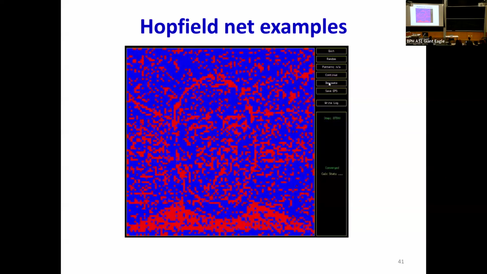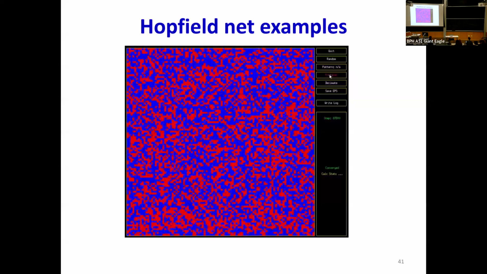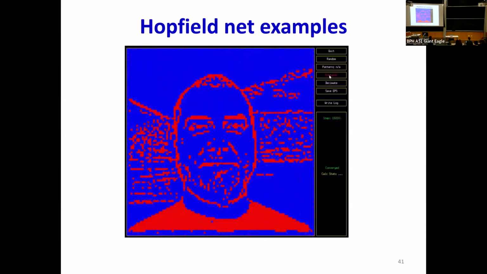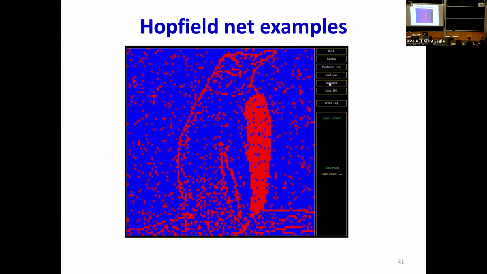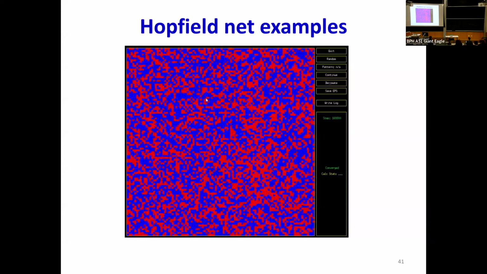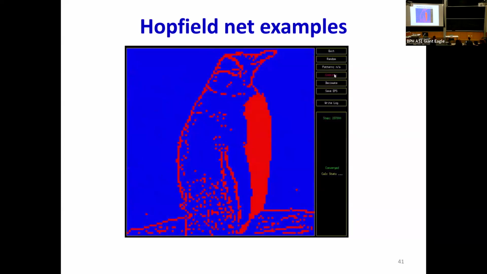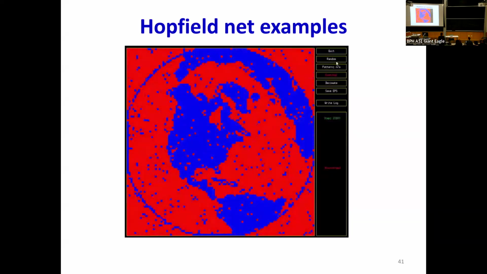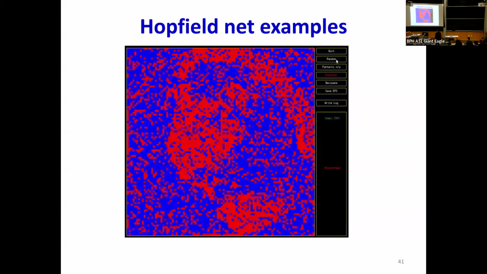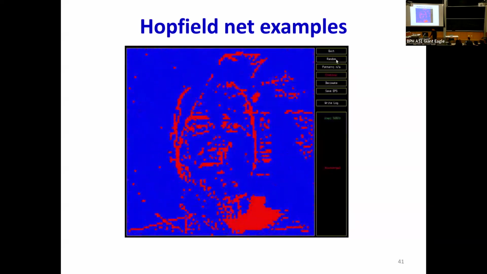In this case, the clown and the penguin, and I think the world. You can see it damages the thing, you let it evolve, and it recalls the penguin, right? It's very interesting. So this is the world, and you erase it, and it's going to recall the entire pattern when it evolves.